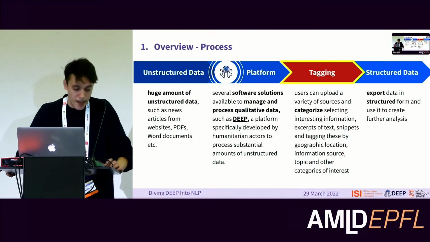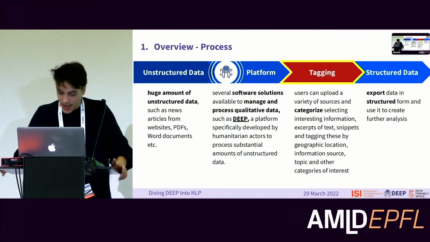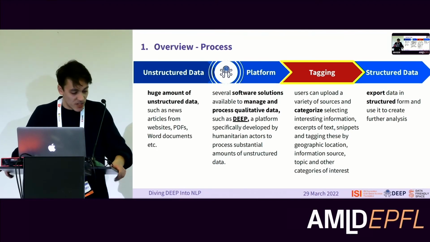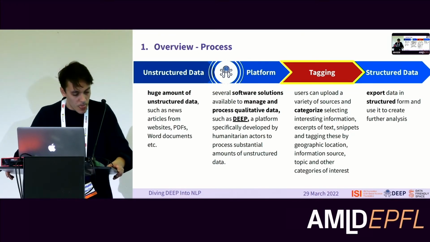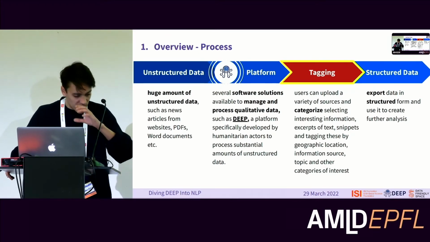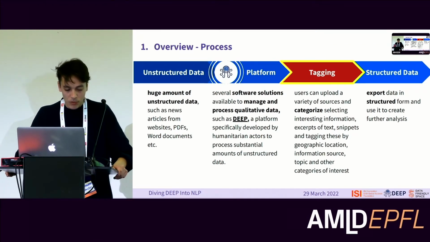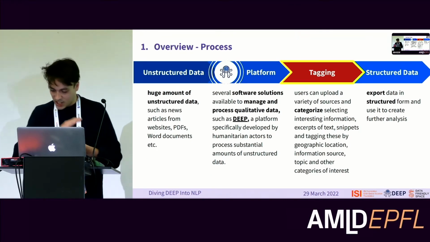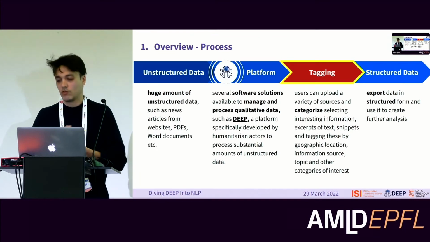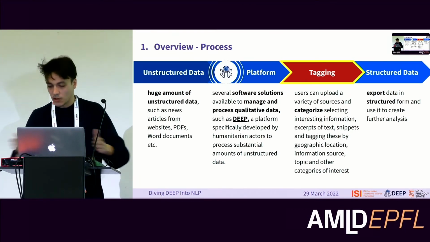It helps humanitarian organizations to collect and categorize data from different sources, selecting interesting information, excerpts of text like sentences, images, maps, tables, etc., using some categories of interest, and then export this data in a structured form for further analysis, maybe secondary data analysis.